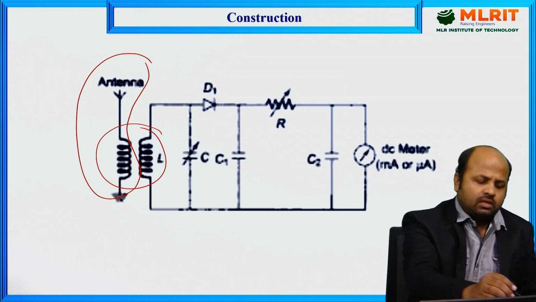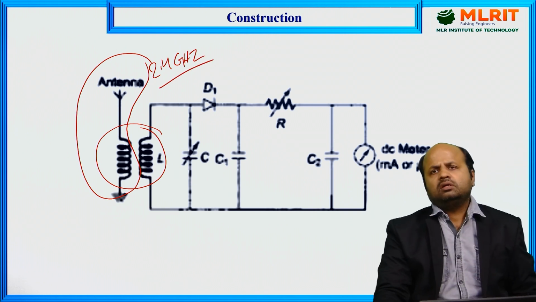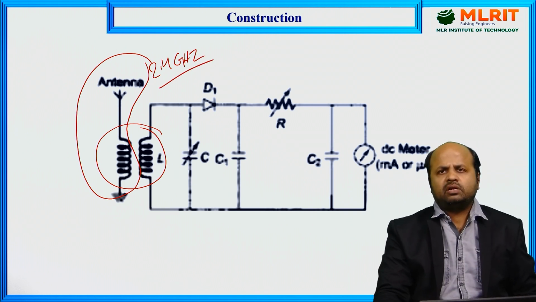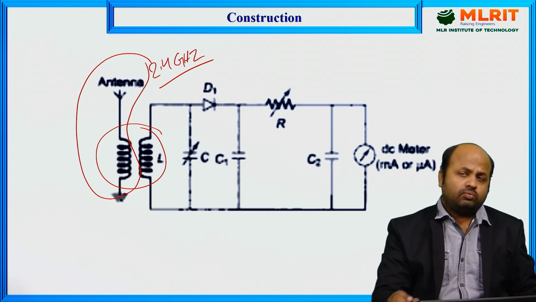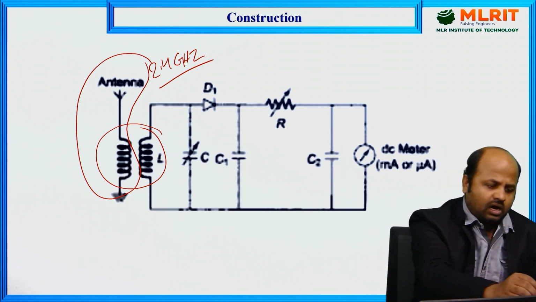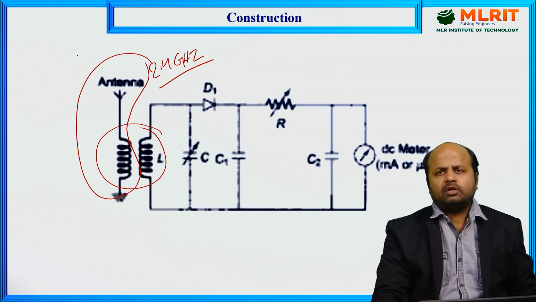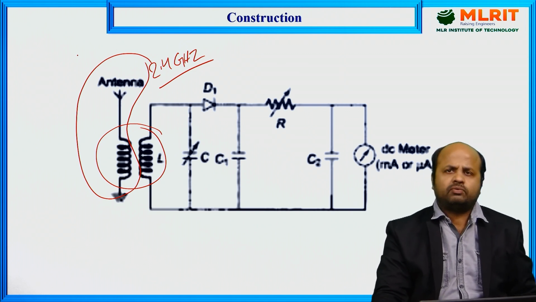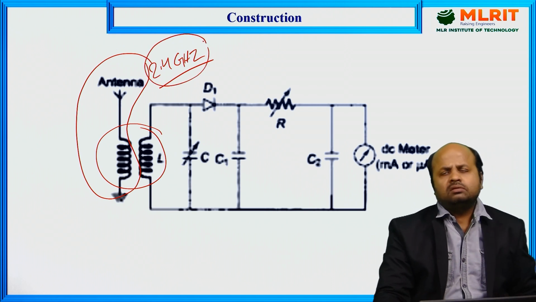Suppose I want to measure an electromagnetic wave having a frequency of 2.4 gigahertz. As we already said, in the atmosphere or in our surroundings we have multiple frequency signals present. Out of that, we will try to extract the 2.4 gigahertz signal.